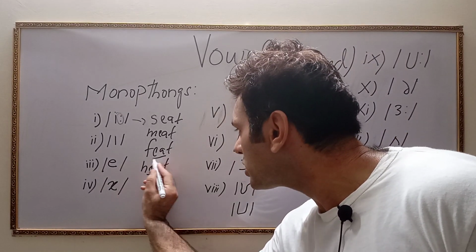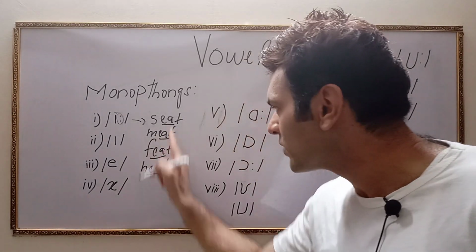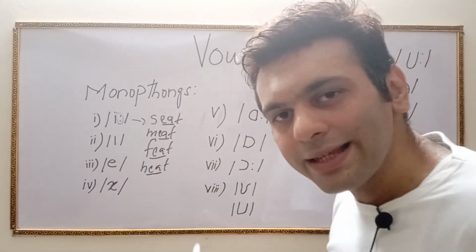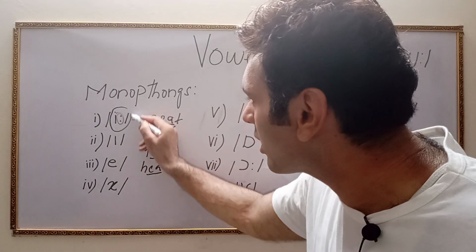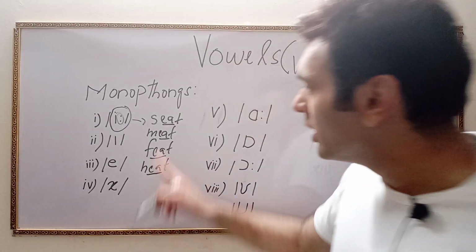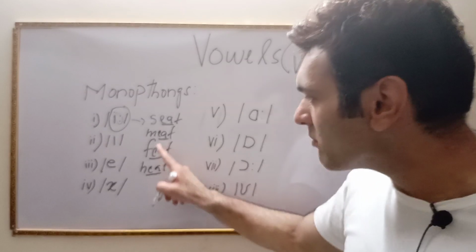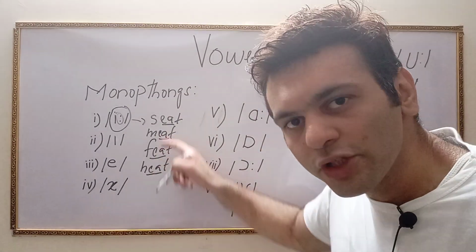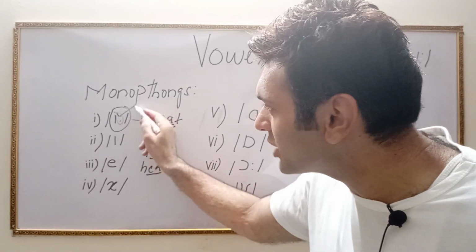The sound in the medial position, just in the middle of these example words, represents this particular vowel sound. So in seat, meet, feet, heat, the medial position sound represents the long vowel.